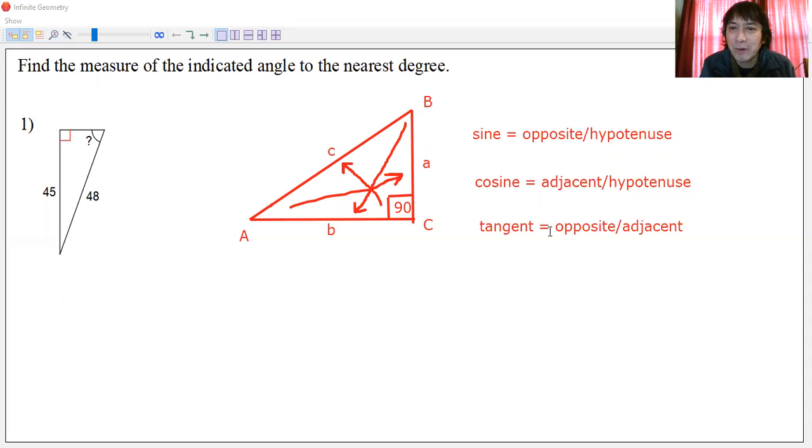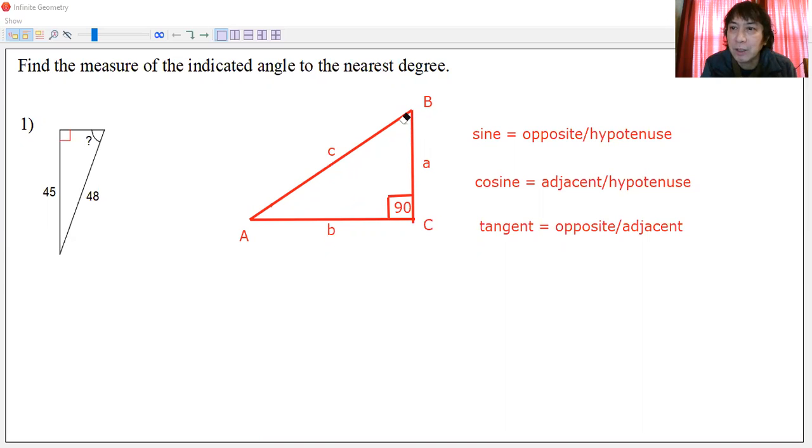So of course, this all depends on which angle you are considering. Now there are two acute angles here. One is the angle A, this angle, and the other acute angle is angle B.